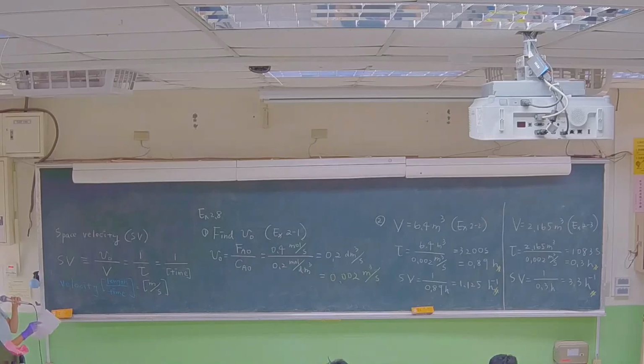Okay, if you want to solve the space-time and the space velocity at the very beginning, you have to calculate volume by yourself first. Okay, then use these simple formulas to find the 2 parameters.